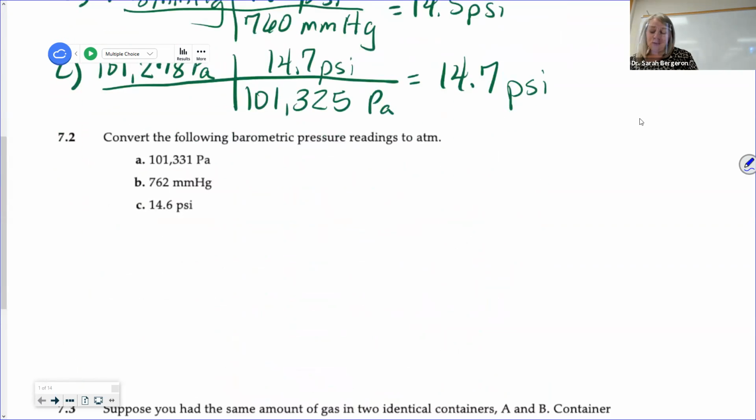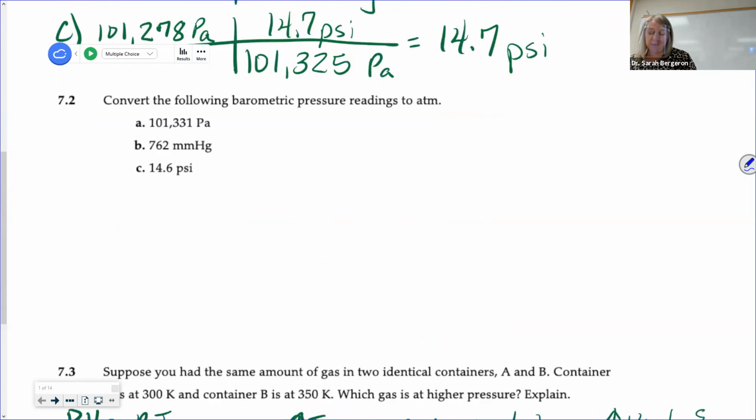Now, before we do some example problems, we could do these first because these are just conversions. There are many different pressure units. Everybody's got their own: pascals, millimeters mercury, PSI. So you have to be able to convert between all the different ones.